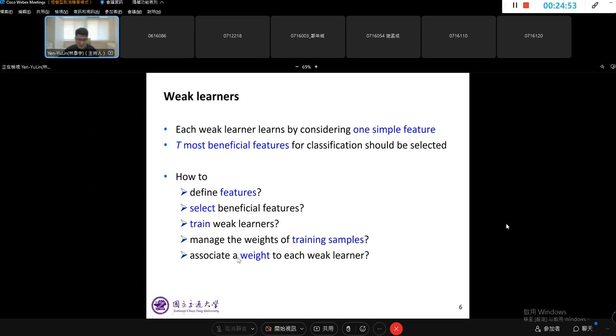We also maintain a weight for each selected weak learner. For weak learner h_t, there is an associated weight alpha_t. So the second type of weight is over the selected weak learners. I'm going to specify the notation later.